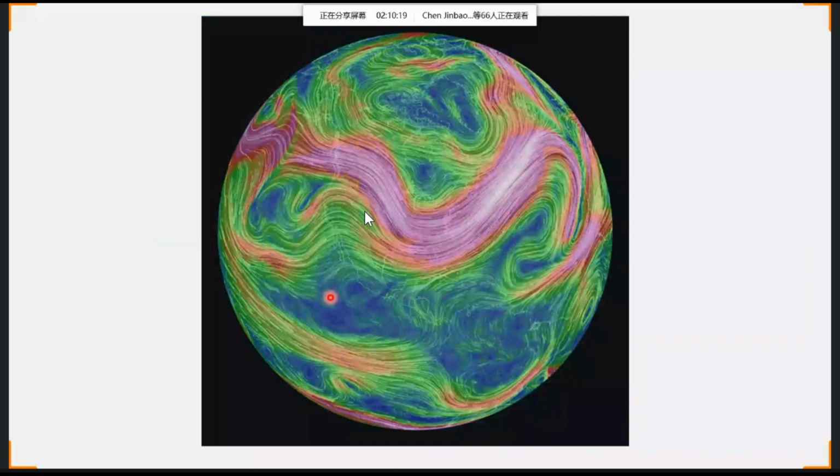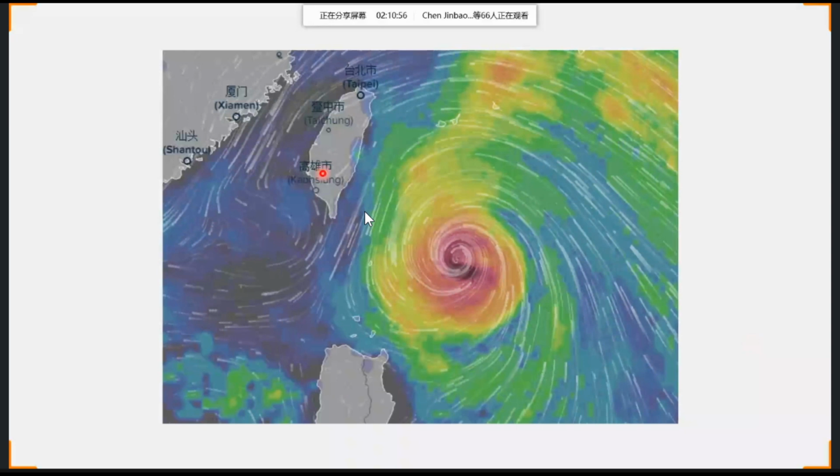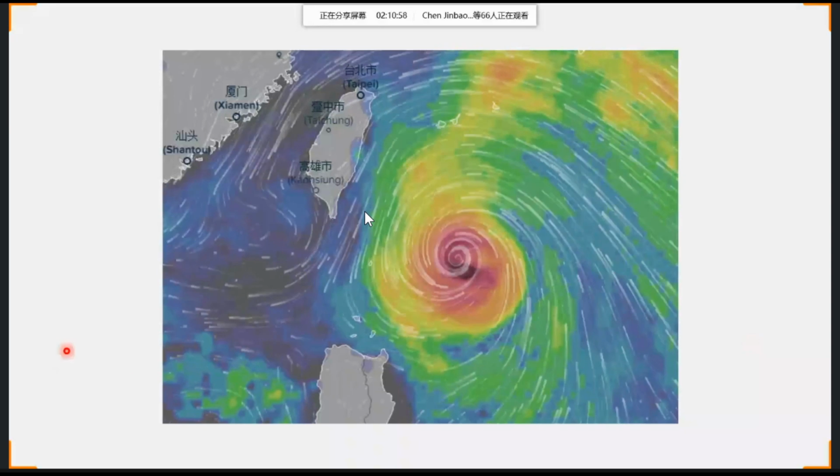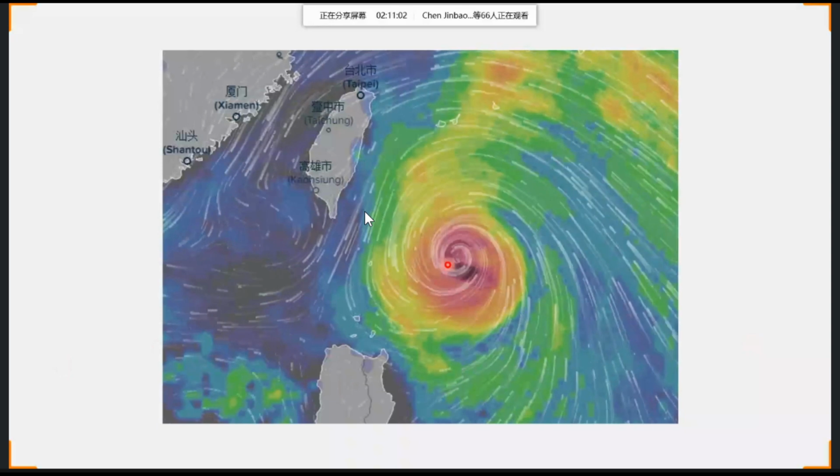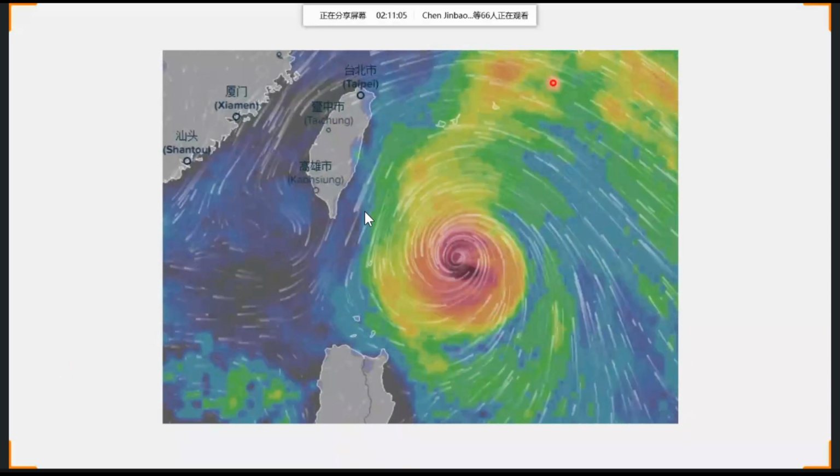Or here, that's a hurricane or typhoon near Taiwan, between Taiwan and the Philippines. You see the wind speed near the center is much higher than outside.